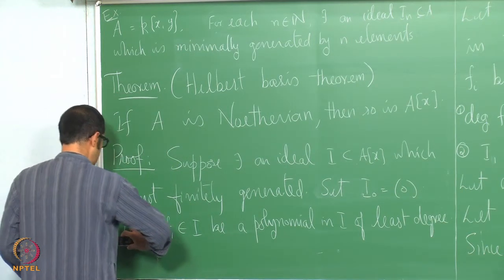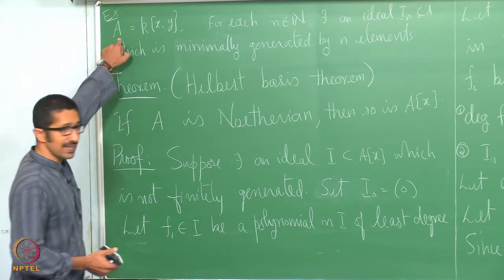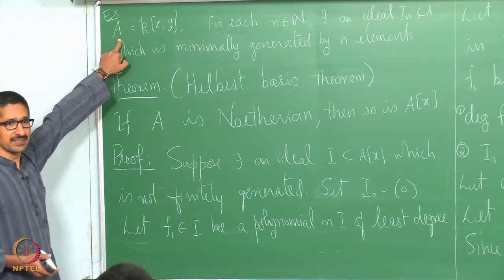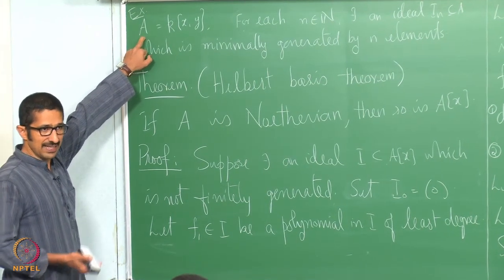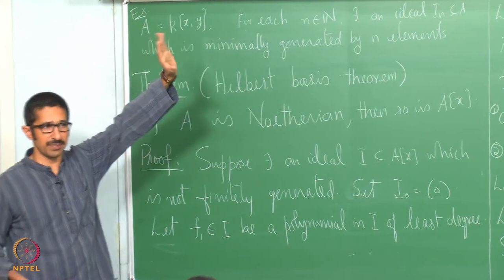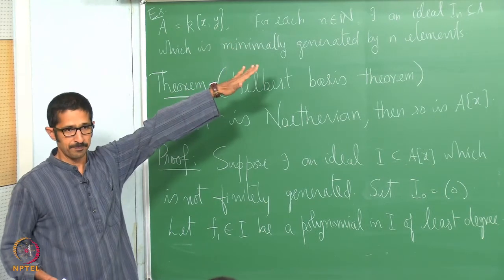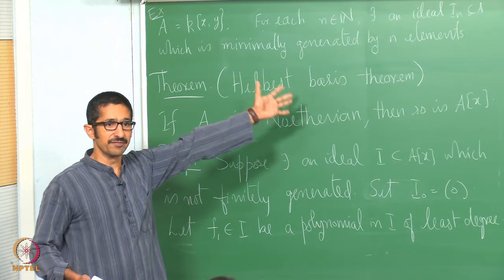So this says that k[x,y] is Noetherian. In k[x,y], given any n, there exists an ideal which is minimally generated by n elements, but there are no ideals which are infinitely generated.